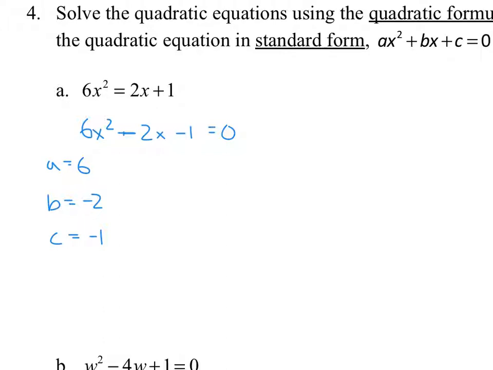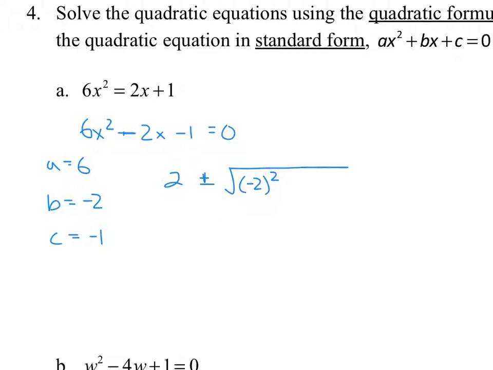And then I plug them into the quadratic formula. So the negative b means the opposite of b. You're going to change b to the opposite sign. So since b is negative 2, it's going to be positive 2 plus or minus the square root of b squared minus 4ac. So b squared is negative 2 squared.